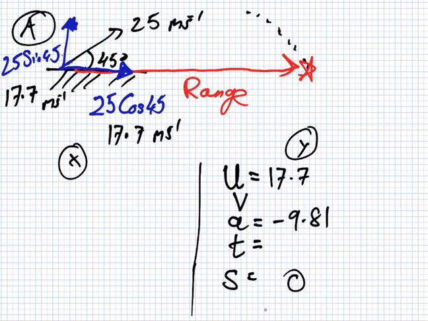You know it's 0 because I say, how far does it travel? At the end, what's its height? Yeah, but first I need to get the time. Then I will get the distance it's traveled.